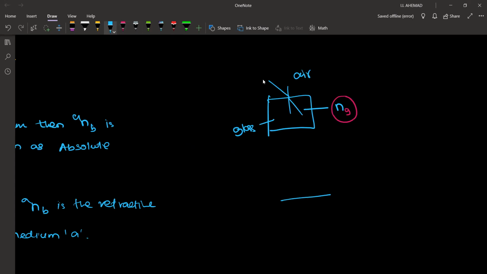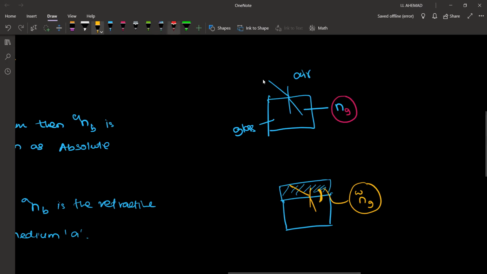But now let's say on top of glass, we have a layer of water. Now, when we have a light ray that is bending, it will bend at a different angle. Now, the refractive index between these two is N_GW. So this is not absolute, but relative. It is the refractive index of glass with respect to water. Did you get that idea?